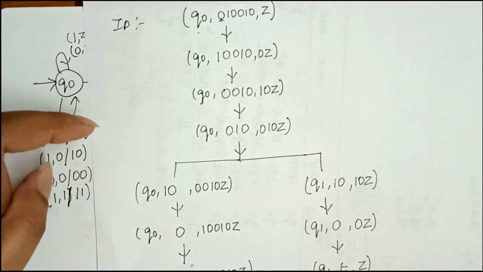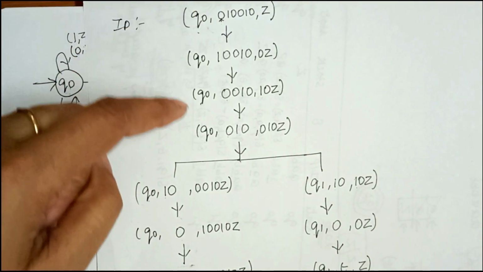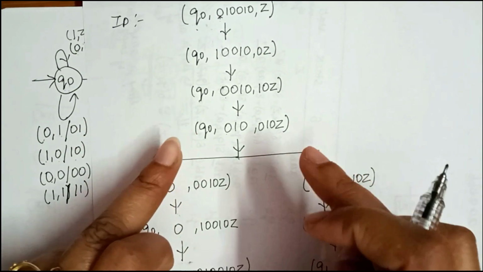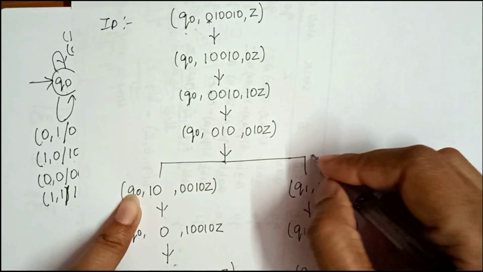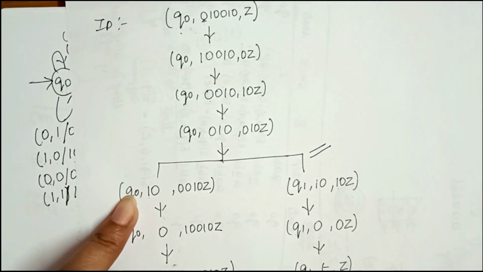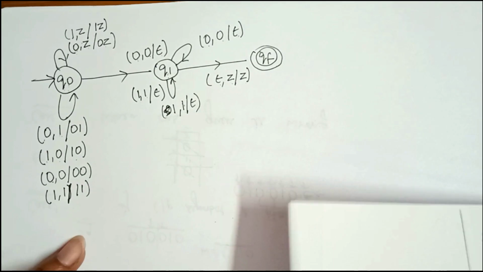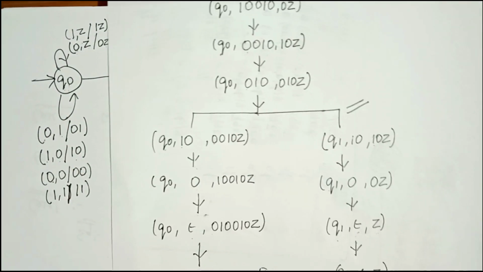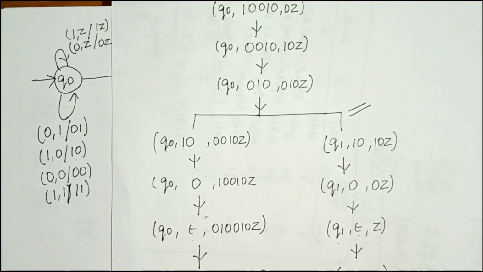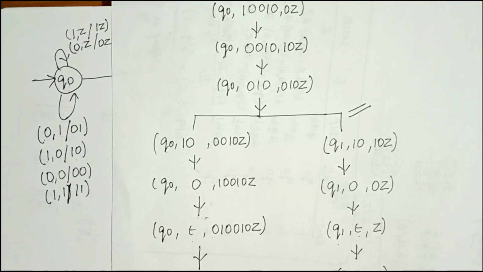For this case, for every input symbol we have more than one move. That's why this is a non-deterministic pushdown automata. This is the state transition function, or you can explain it with the help of a table, which was explained in my previous video. So this is how we solve a non-deterministic pushdown automata.